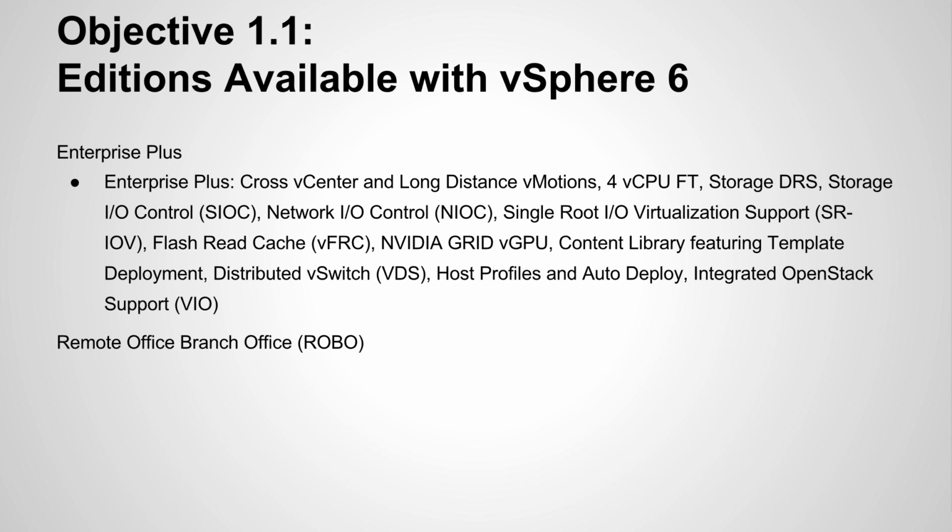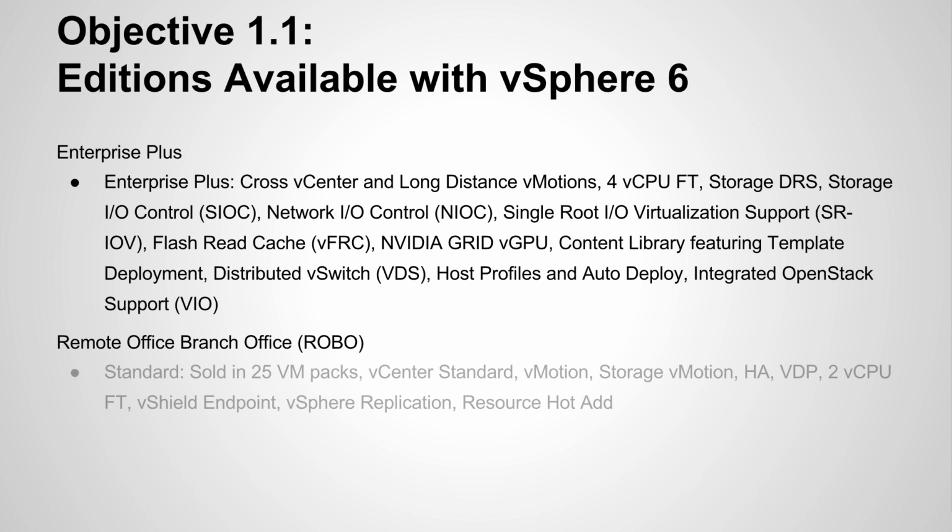And last up in the vSphere offerings is the Remote Office Branch Office, or ROBO versions. These are going to be a little bit different from the Essentials kits in terms of licensing and the features. However, they seem to be compared quite a bit. ROBO is licensed on a per VM level in packs of 25, and it does come with vCenter Standard.